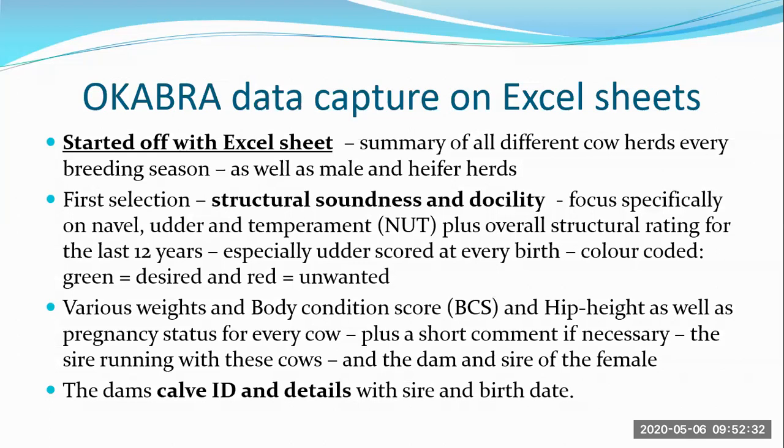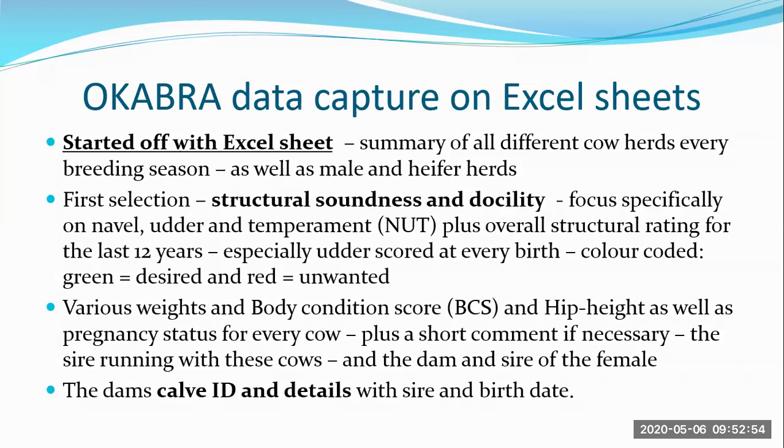It could be anything. It could be calf dead, it could be aborted, it could be she produced that sire or whatever. And then we've got the sires running with these cows, which makes it a very nice tool for establishing days to calving. These are the cows, that was the sire.